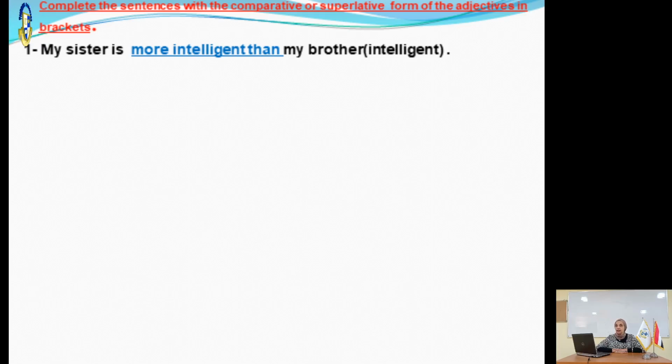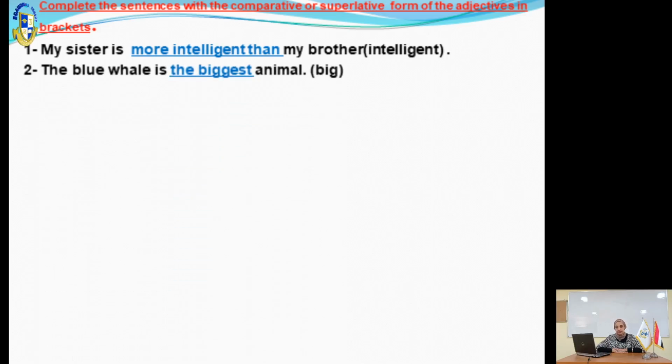Yes, it's a long adjective. Now, I have two people here, my sister and my brother. So I have to use the comparative form, not the superlative one. Can I say intelligenter? No, it's very long. So we have to say what? More intelligent, and you have to add than, don't forget it. So my sister is more intelligent than my brother.